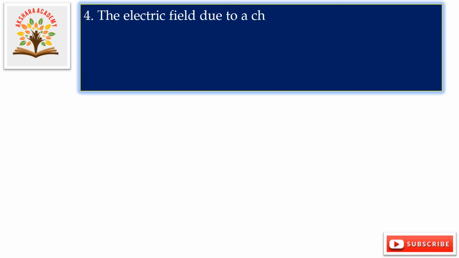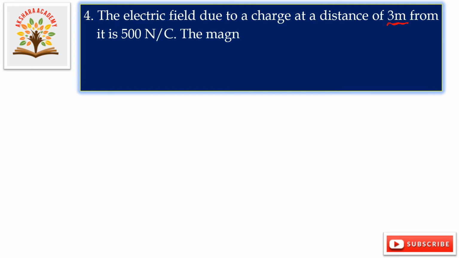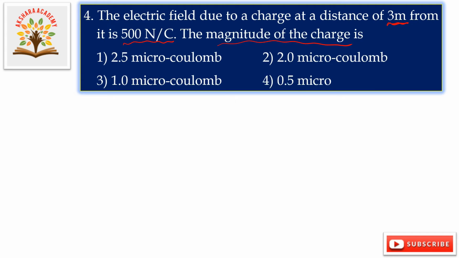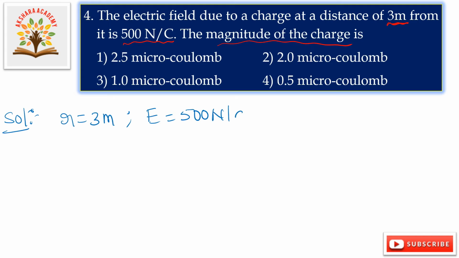The electric field due to a charge at a distance of 3 meters from it is 500 Newton per Coulomb. The magnitude of the charge is, here we have to calculate the magnitude of charge. Now let us go to the solution. Given R is equal to 3 meters and E is equal to 500 Newton per Coulomb.